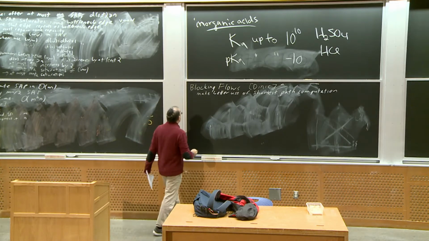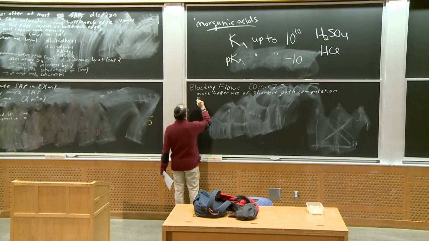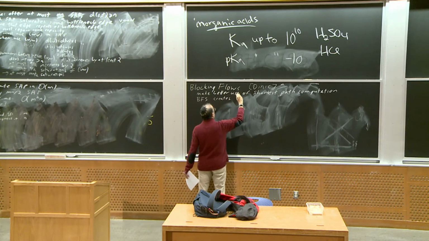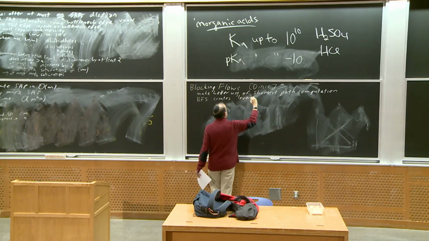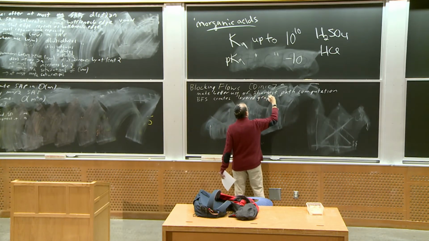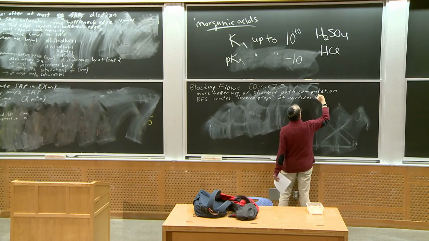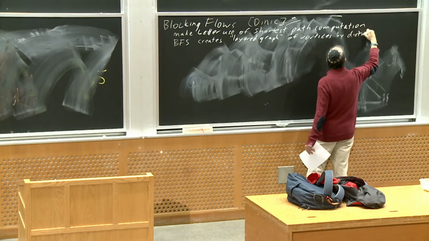Okay. What we're going to do is recognize that our breadth-first search creates what we're going to call a layered graph of vertices by distance.